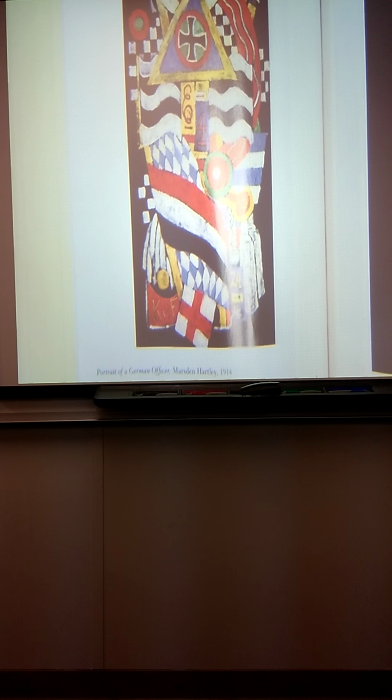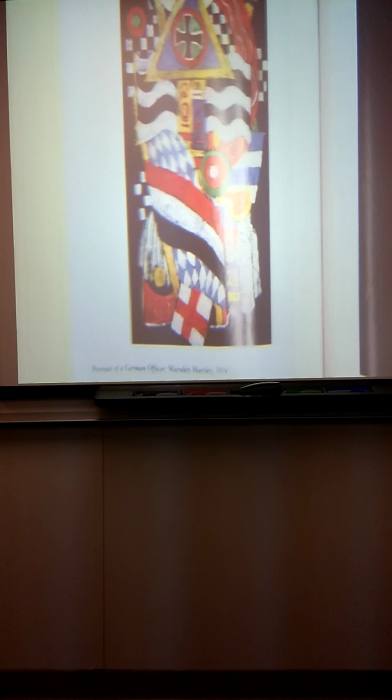Do you see a German officer here? Do you see a face? Do you see a man? No, but we see all of the fractured bits that come together to represent that man. So we've got the fractured and blown apart concepts of modernism.